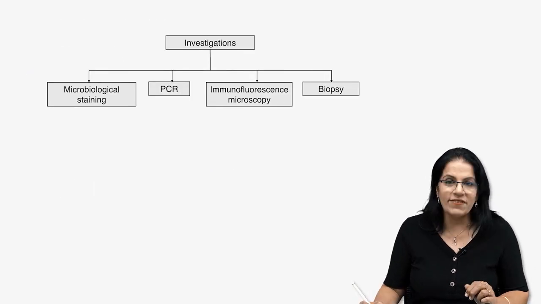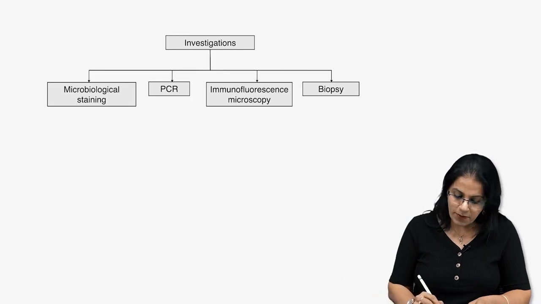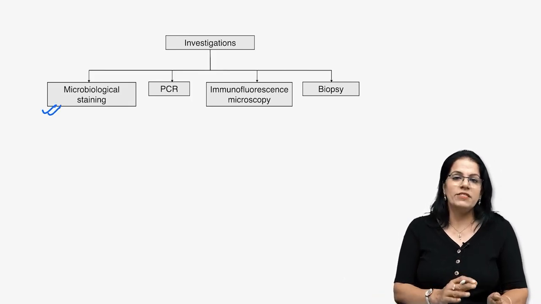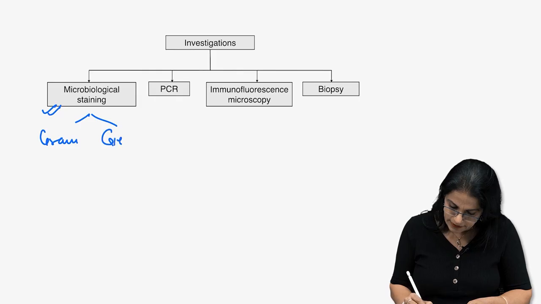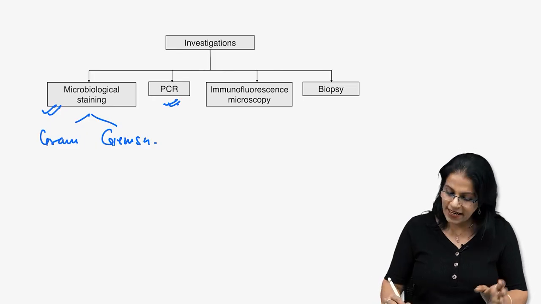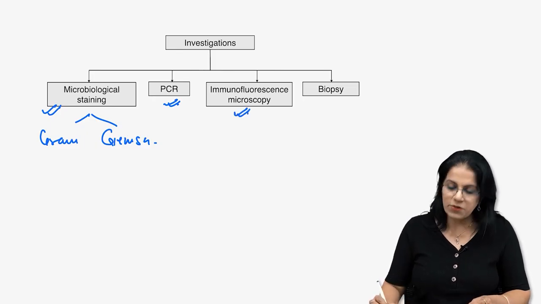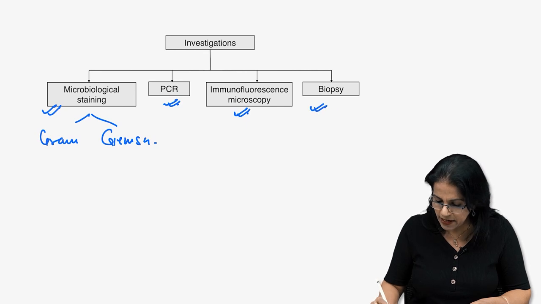Okay. What are the investigations we should know? Of course, microbiological staining. Gram stain, Giemsa stain, we all know that, right? Of course, PCR is most accurate. Just know the headings. Immunofluorescence microscopy may be helpful, and very rarely we may have to go for a biopsy.